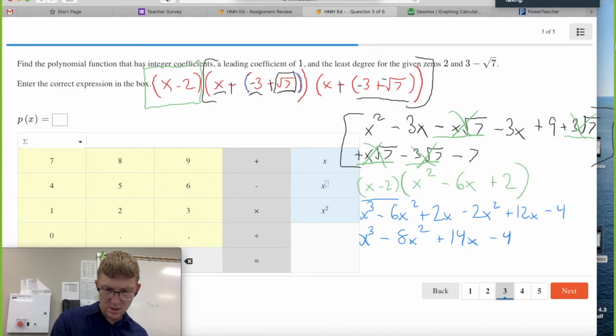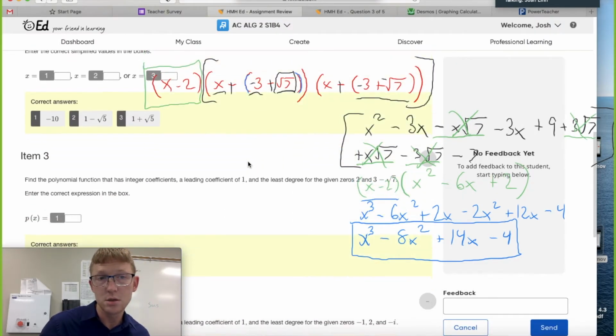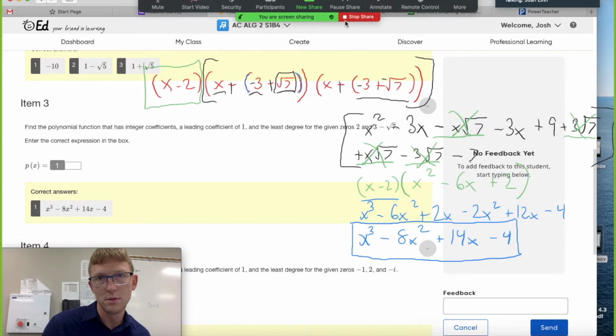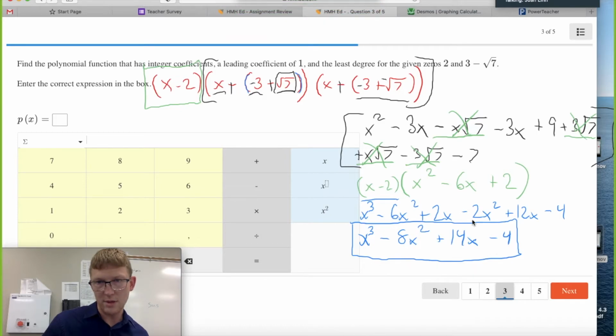So this would be our answer. So let's double check that. X cubed minus 8x squared. So you would type this into that box.